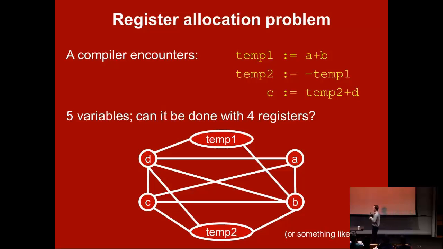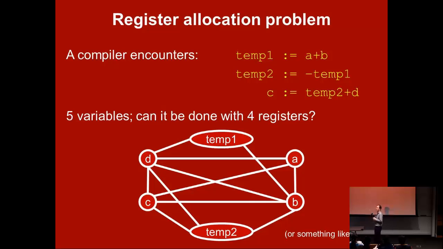The compiler has to turn this into machine code, and the instructions are faster if you do the computations using registers rather than memory. So you might want to pack all of this into as few registers as you can so it can be done very quickly. You need to look at this code and figure out, is there a way I can do this without remembering all the variables? Maybe I can remember only 4 of them so that everything can be done with registers.